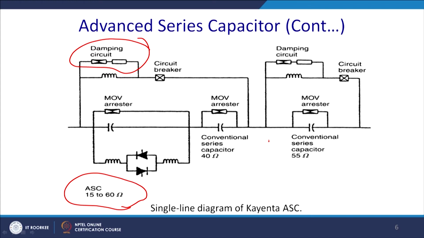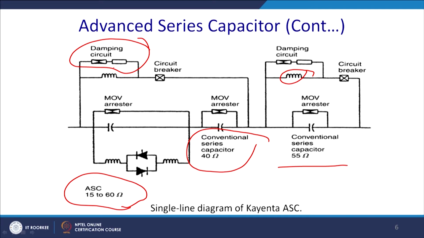Thereafter you have a conventional series capacitor placed in the line, and a circuit breaker placed with an inductor, and another circuit breaker placed with an inductor, and this is the damping network.